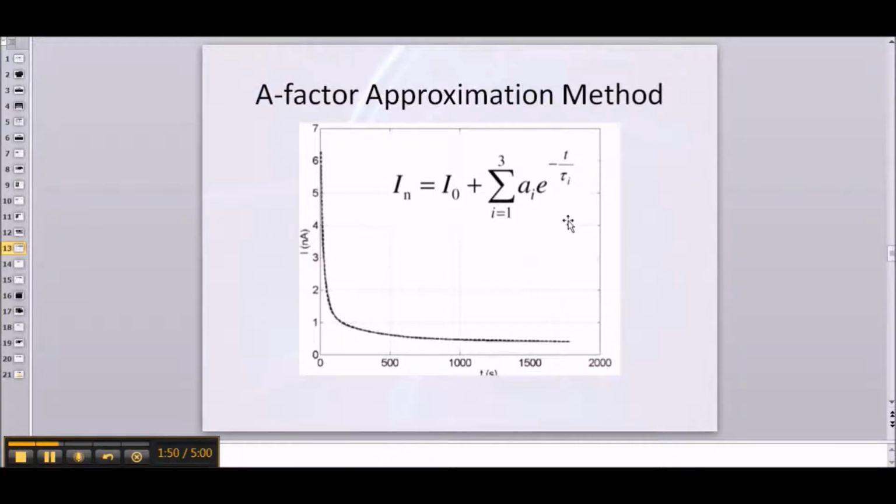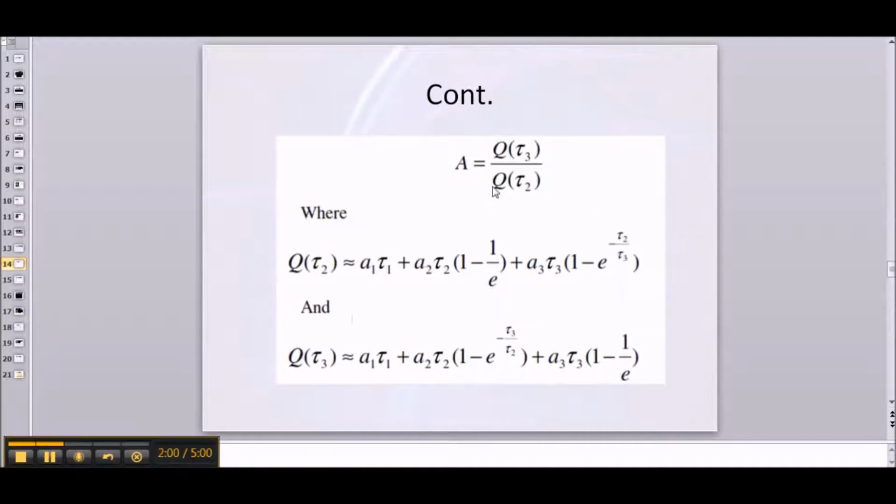The above equation is used to fit the curve, and the constants obtained after fitting the curve are used in finding the A factor. So, A factor is actually a ratio, a ratio between the charge area under the TOR3 to the charge area under the TOR2.